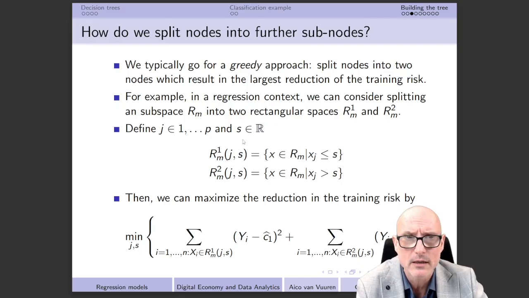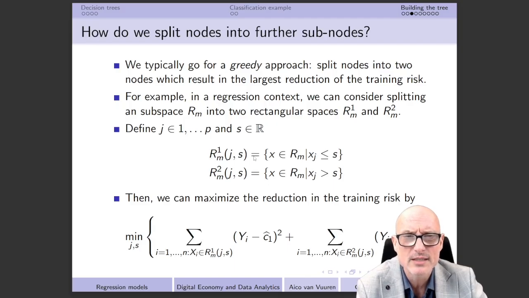And that implies that we can define the original R1m and R2m, in fact, by an R1mjs and an R2mjs. It's a function of both this J and S. First of all, the R1mjs, what is it?